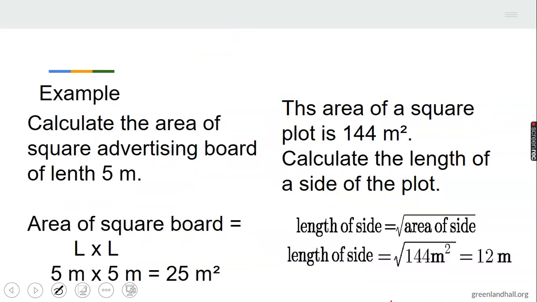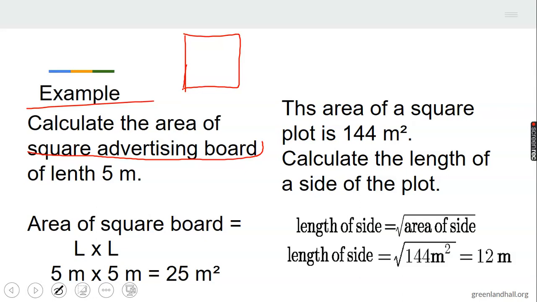Now, another example. Calculate the area of a square advertising board, just like the big board we have on our roads. All those big boards are used for advertising products. The shape can come in any form, but in this particular case, the shape is in form of square. Now, calculate the area.